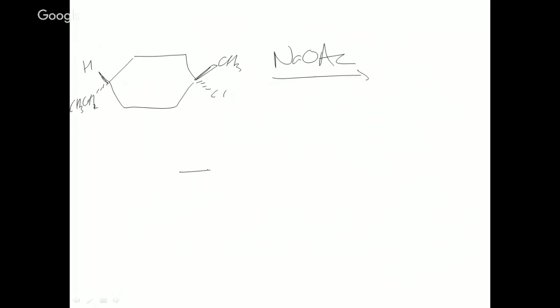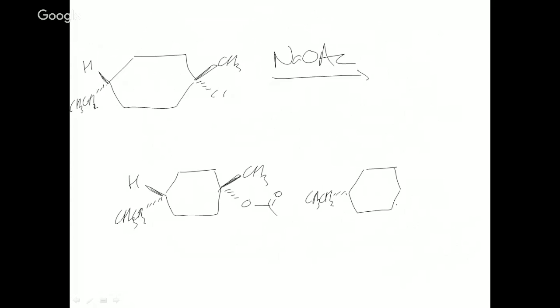That's what we used a lot. We're going to get two products here. This can't change. Again, we could draw it like that. That's the same thing. The H is implied.